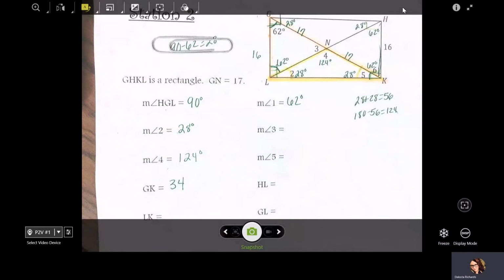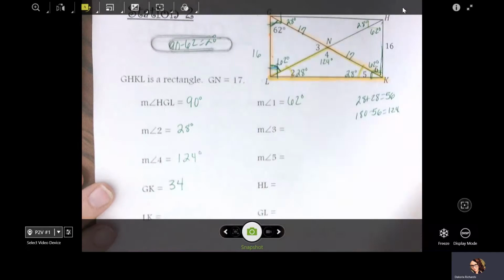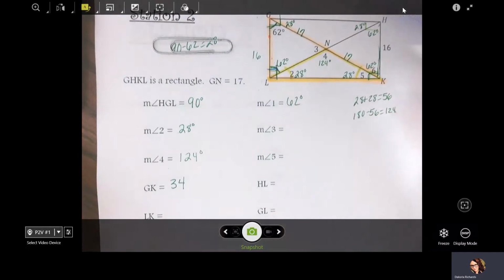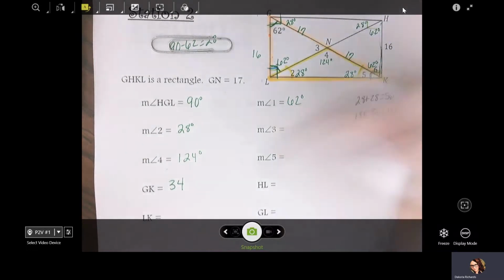Sometimes it takes a minute to figure out what you're looking for. But you see this right triangle here? This is the 90-degree angle that makes it a right angle. Now we have the hypotenuse, which is 17 and 17, and you have one of the legs, and you're trying to find LK.